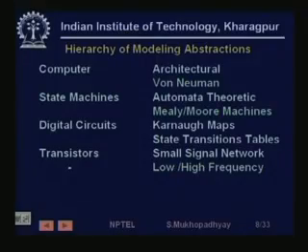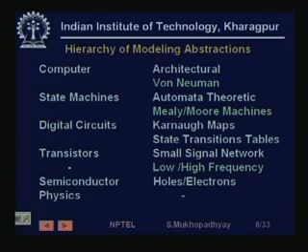So now what are digital circuits made of? They are made of transistors. Now the moment you come to a transistor, you have come down to the analog level. There you start describing voltages, currents and their time behavior. So you have various kinds of small signal network models, either low frequency models or high frequency models. We have learned several kinds of models.